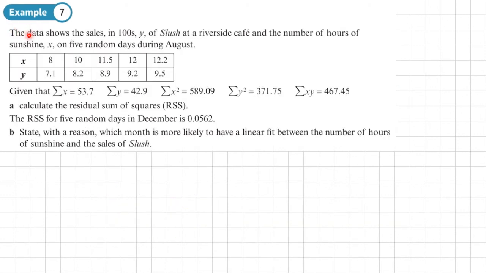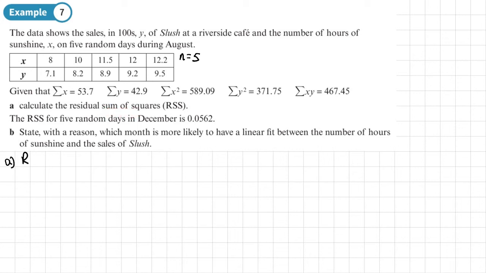Example 7. The data shows the sales in hundreds Y of slush at a riverside cafe and a number of hours of sunshine X on 5 random days during August. So N is 5 here. Now we've been given some sums here, and what we need to do in part A is to calculate the residual sum of squares for this data.